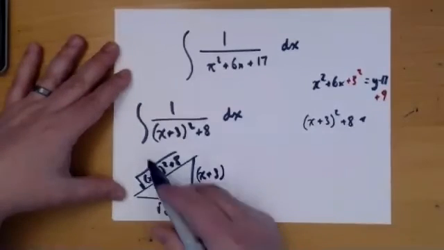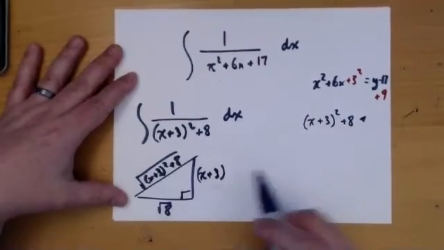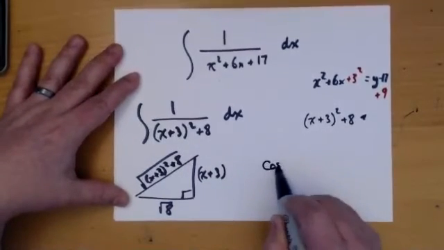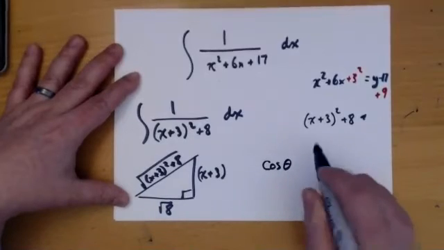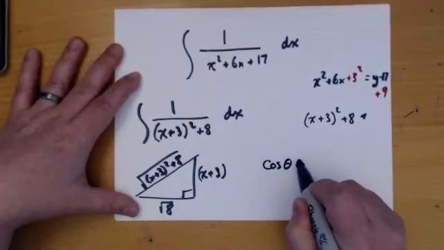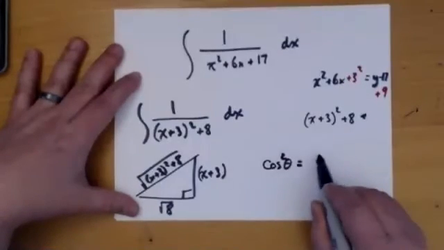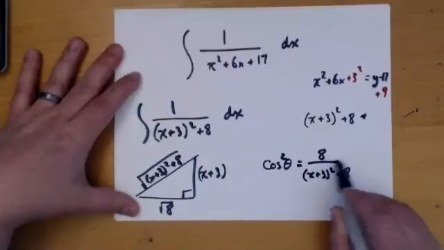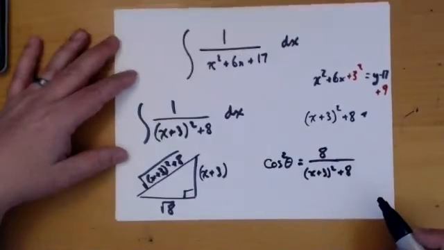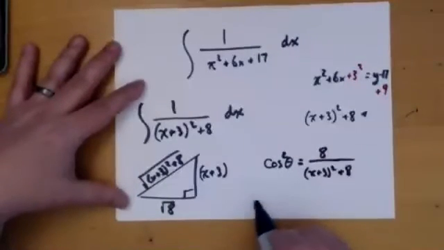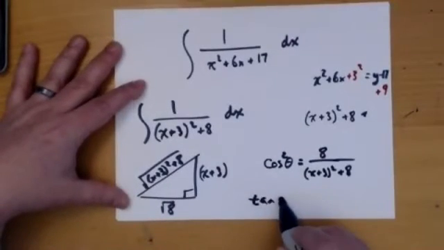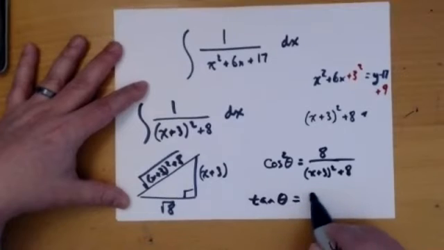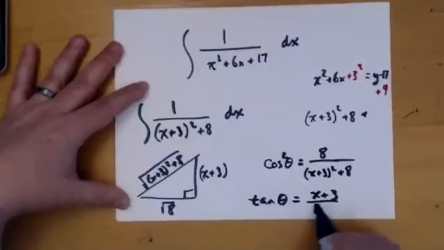So I'm going to do the cosine. Cosine of theta is equal to, and I'm going to square it just to get rid of it all. It'll be 8 all over x plus 3 squared plus 8. And the tangent of theta is x plus 3 all over the square root of 8.